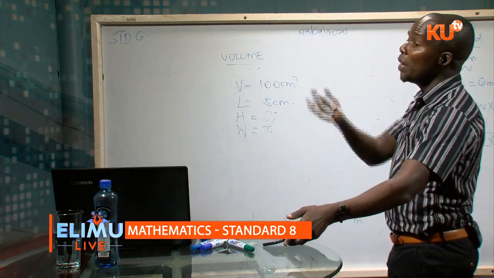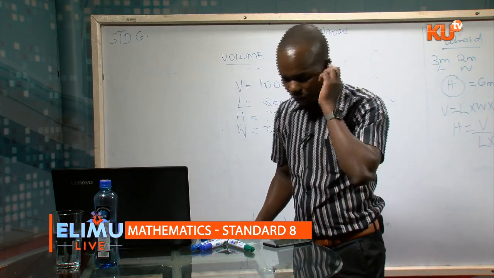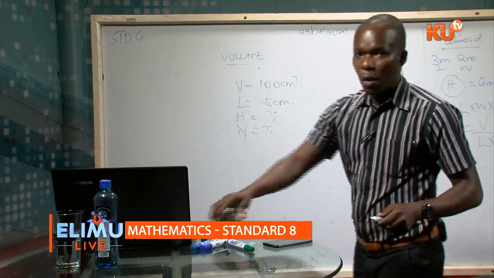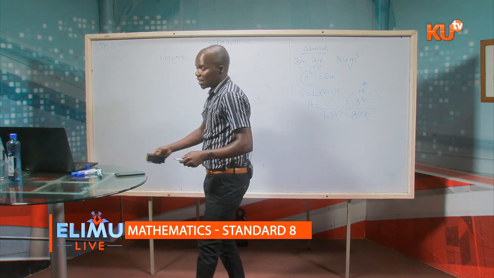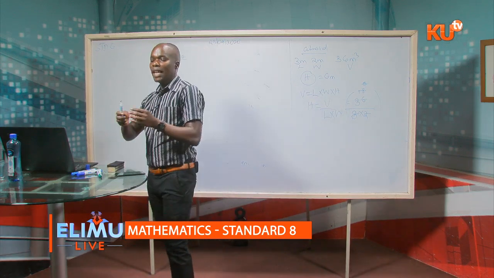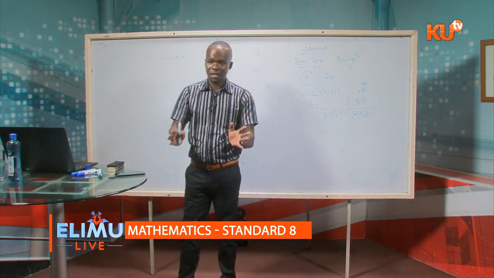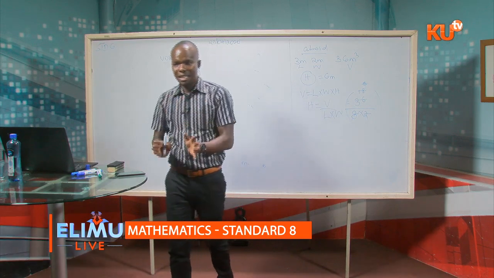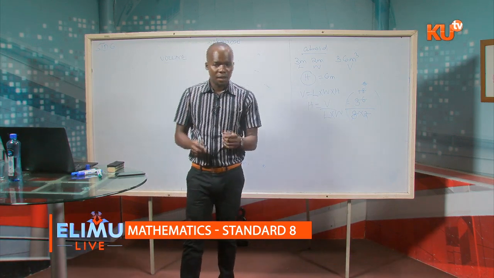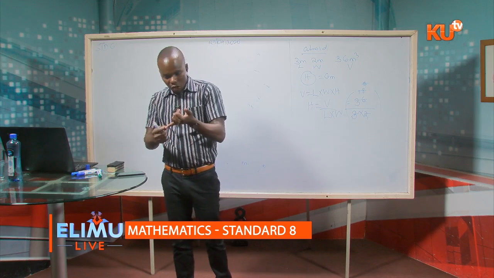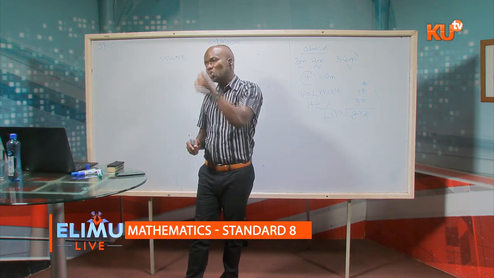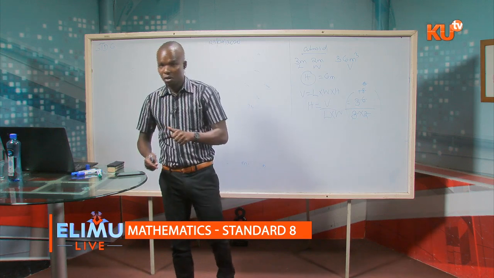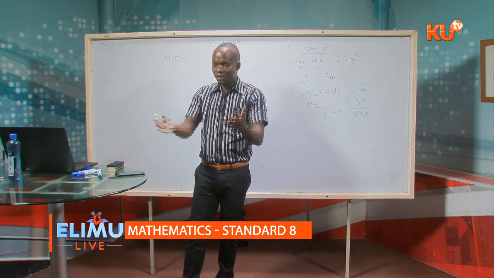Now, I will review. We said that volume is the amount of space occupied by matter. And for our case, I said earlier, our matter is now the cube and the cuboid. So ensure you understand what you're working out. Don't just go and start calculating. Understand first.